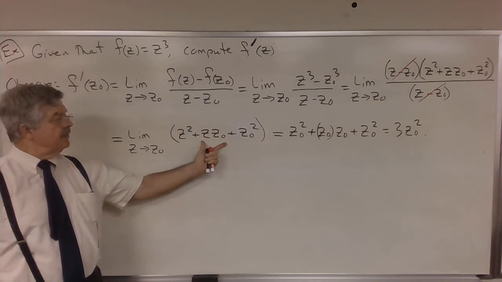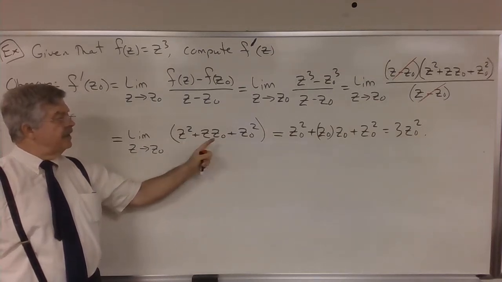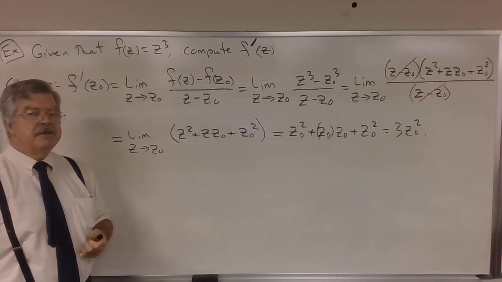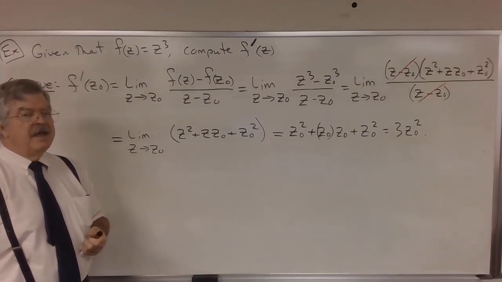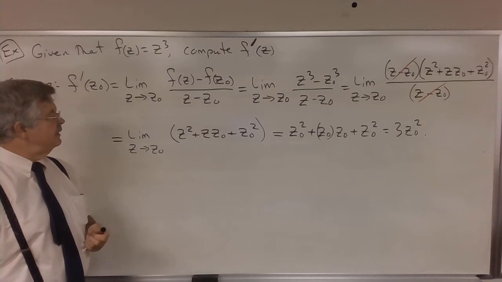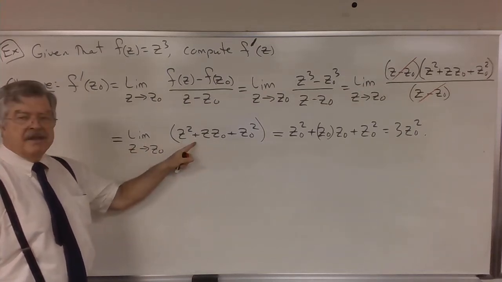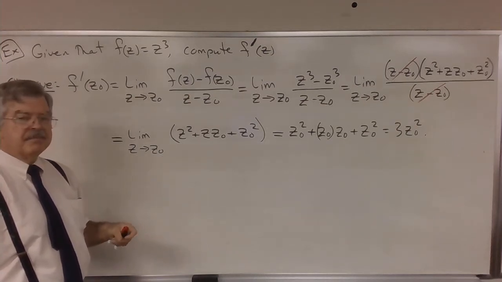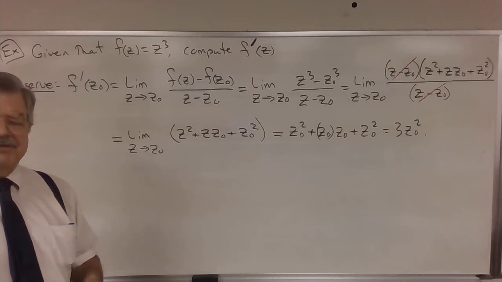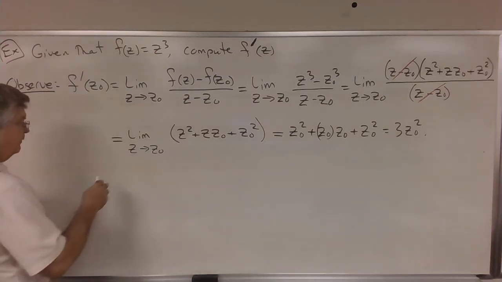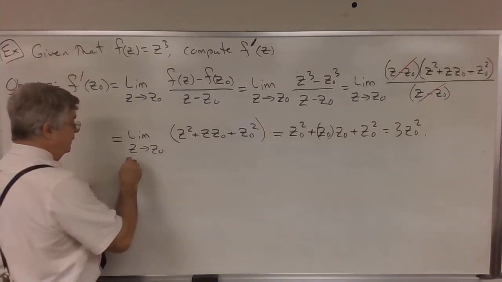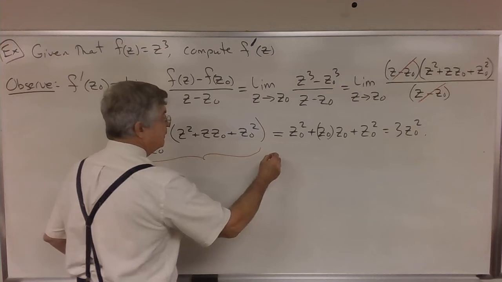This function in the variable z and the constant z naught, it's a polynomial in the variable z. And we know that all polynomials are continuous. And if polynomials are continuous, then we can compute the limit of a polynomial by plugging in the value that z approaches. And that's essentially a characteristic of a continuous function. So first of all, let me diagram that and give an explanation.